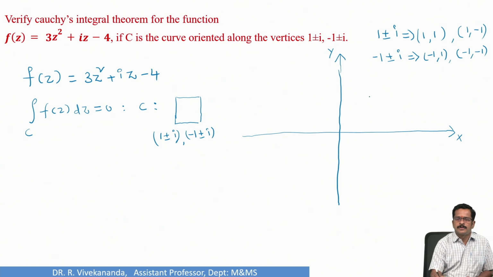Okay. So (1, 1) comes here like this. This is the point (1, 1). Correspondingly, (minus 1, 1) will be here, and here (minus 1, minus 1), and here (1, minus 1).